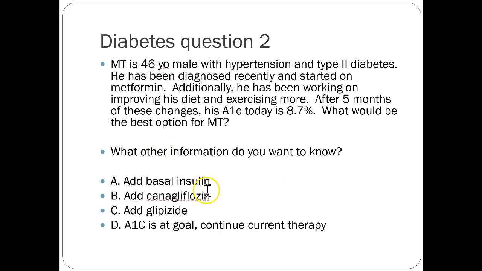Adding basal insulin would be an option, certainly, and historically that has been a choice for second line. But the endocrinology group decided that's not the best choice anymore. For a younger guy, he's 46, and I didn't give you any information to say he's got renal insufficiency, I would say if his insurance covers it, canagliflozin or one of your SGLT2s would be probably one of the best options to consider.